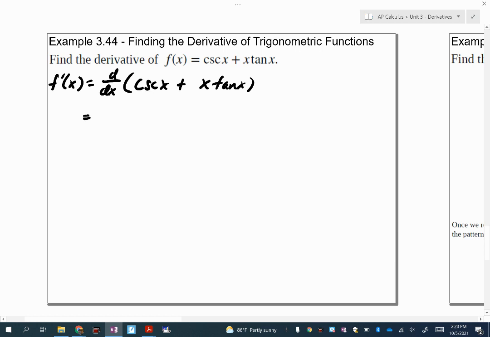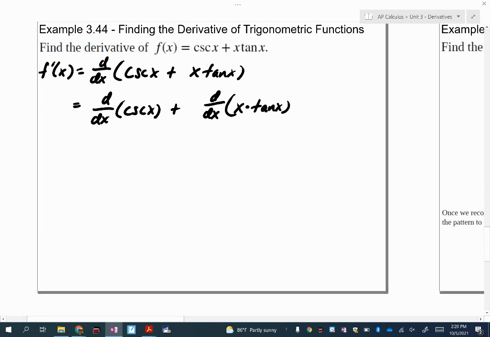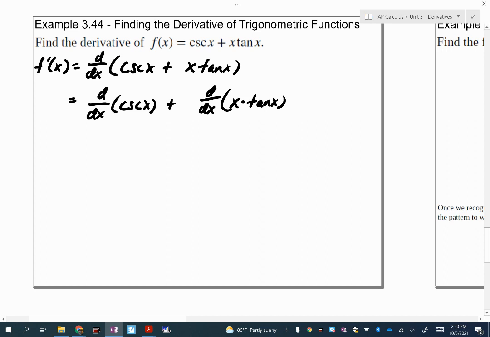Now, I'm going to use the sum rule first. So I'm going to do d dx of cosecant x plus d dx of x times the tangent of x. Now, you should notice the piece on the right, I'm going to need to use the product rule to expand that. Very similar to a problem that we did earlier in a previous lesson.